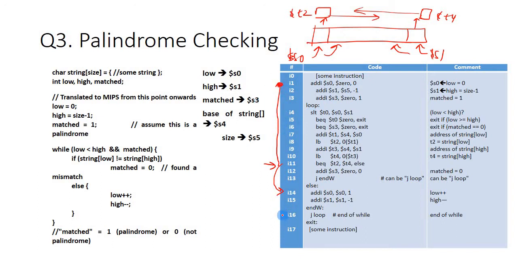All of that is in the loop, so the loop goes back to instruction 4. So if you analyze the code, I start from instruction 1, go to instruction 11. If it's a palindrome, I go to instruction 14. Then from instruction 16, subsequent iterations of the loop just go back to instruction 4. So that is how the code is written.